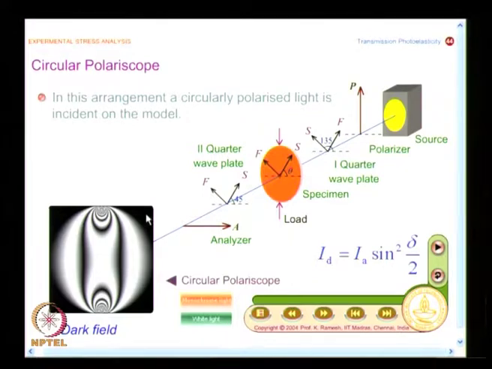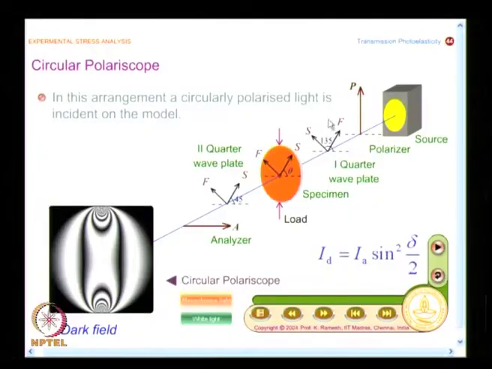And I said in the last class, you can analyze the trace of light passing through the model in a circular polariscope using trigonometric resolution. You have element number 1, element number 2, and the model. Whenever you have the quarter wave plate or a specimen, you will have to consider the incident plane as well as the exit plane.